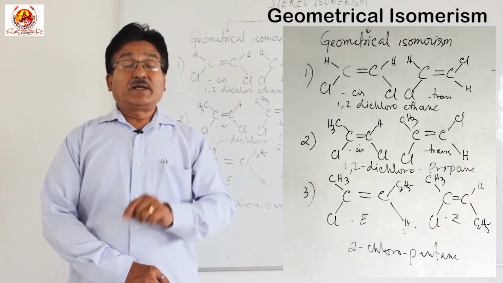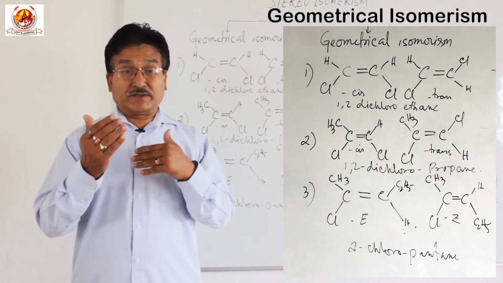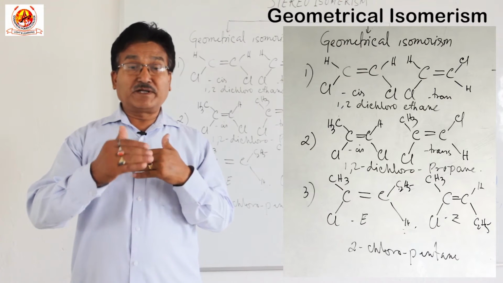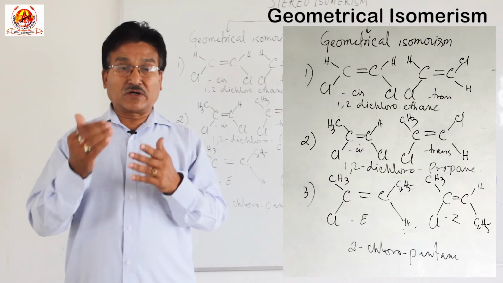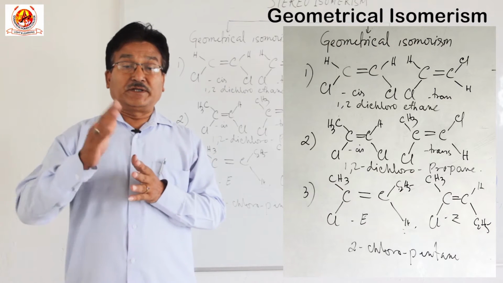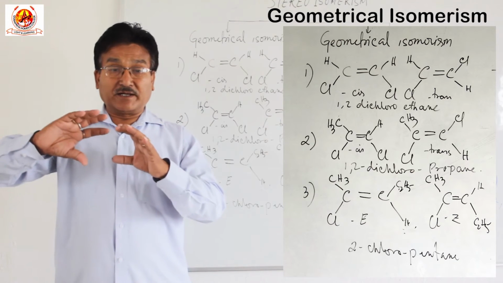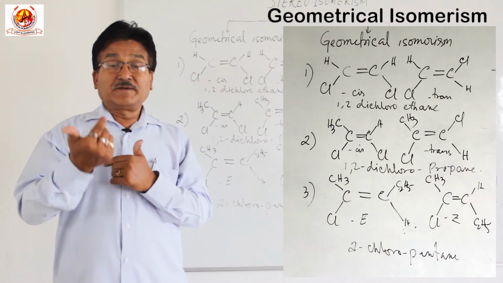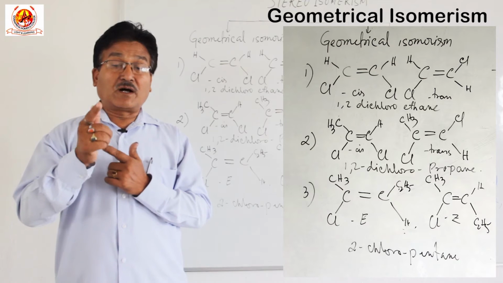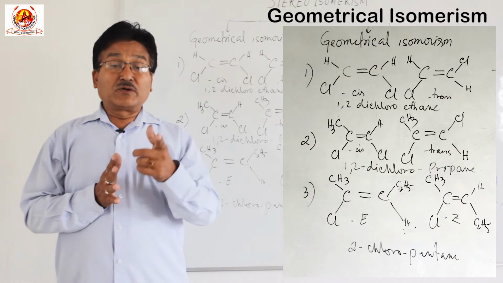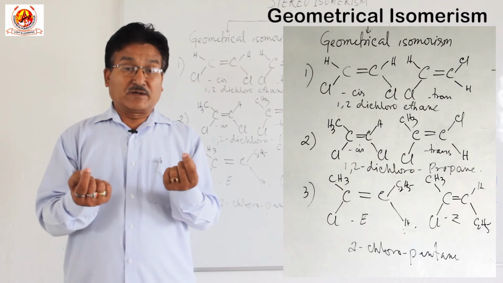So it is an opposite type, which is known as E. E means entgegen, across. In the other case, the methyl group and chlorine are fixed and the other side is rotated, so the hydrogen is on the other side. The priority group on one side is chlorine, and the priority group on the other side is carbon.